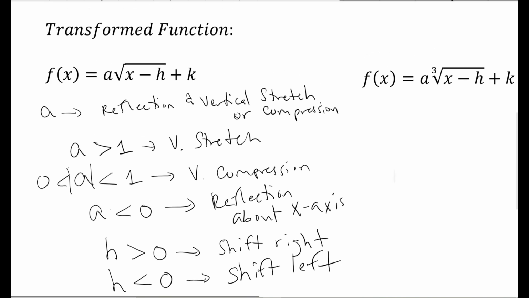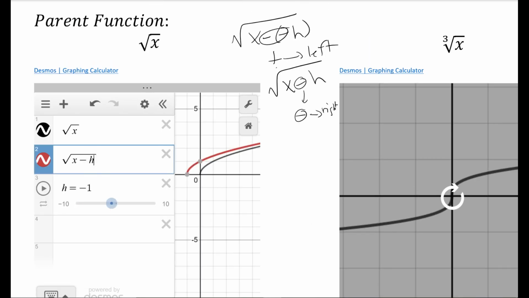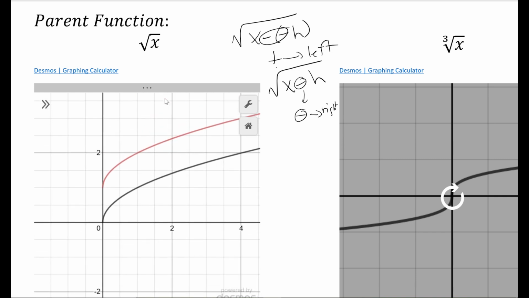Now let's look at the plus K. So we're going to go ahead and change this now to a plus K on the outside. So now notice what happens if K is 1. If K is 1, it shifts the graph up 1.